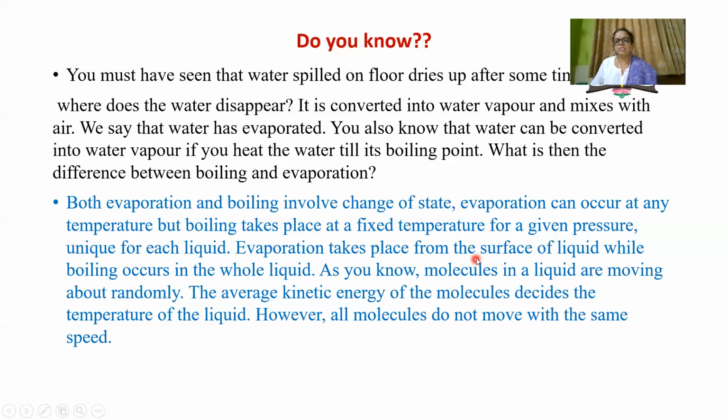Evaporation takes place from the surface of the liquid while boiling occurs in the whole liquid. As you know, molecules in a liquid are moving about randomly. The average kinetic energy of the molecules decides the temperature of the liquid. However, all the molecules do not move with the same speed.